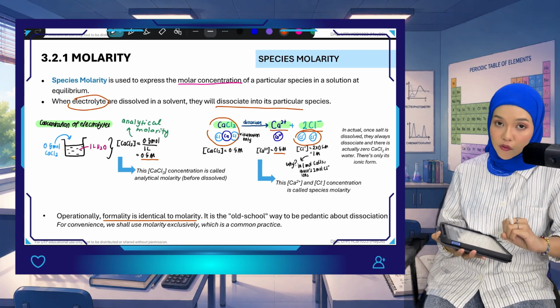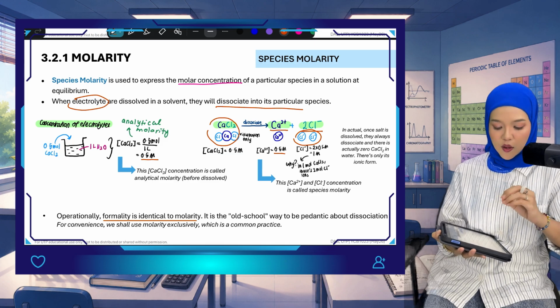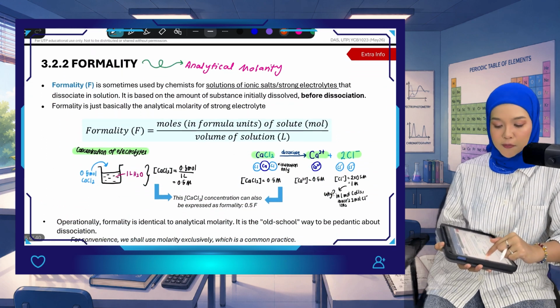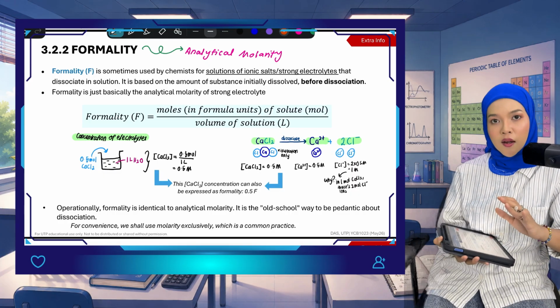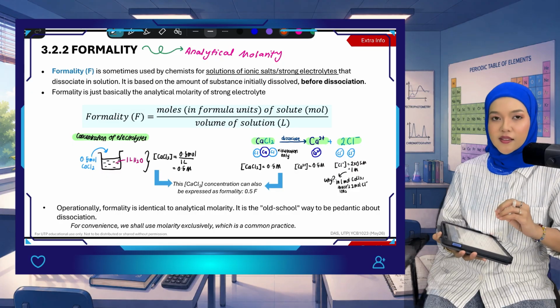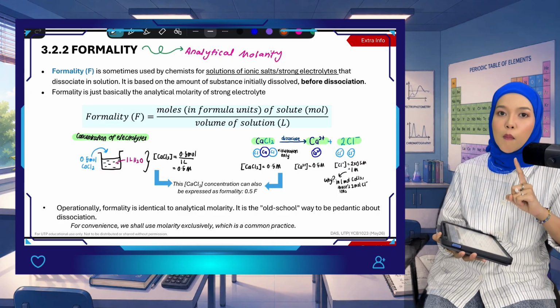For convenience in this course, we will use molarity exclusively. Therefore, this part is just extra information. So formality is just analytical molarity.